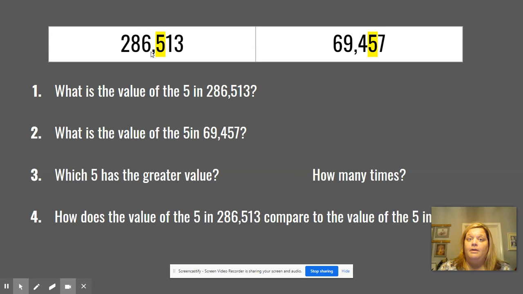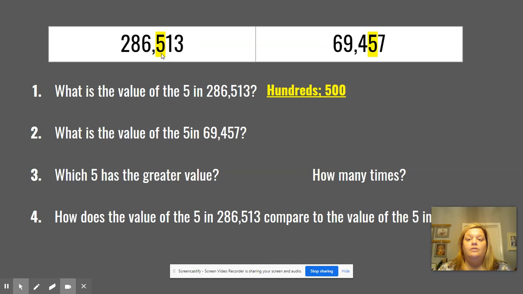Okay, let's hope you hit that pause button because we're about to go over this. Okay, so we're looking at the 5s. We have the 5 right here. Now, hopefully, you said that 5 is in the, that's right, the hundreds place. And it's worth 500. All right, let's go to the next number, the 69,457.